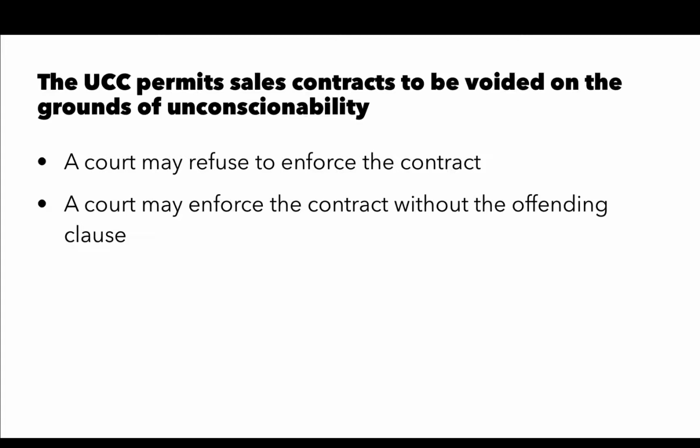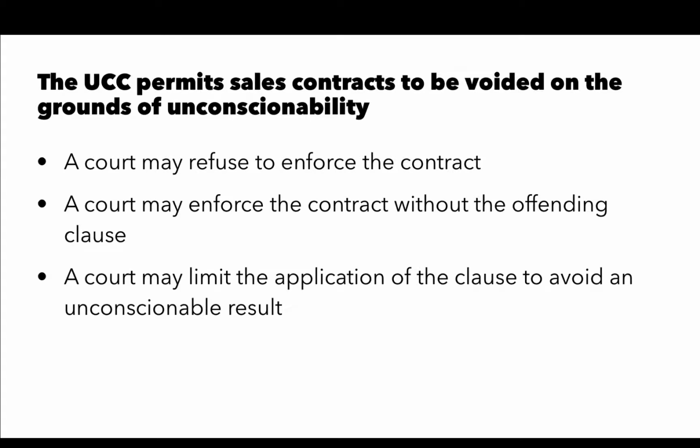A court may also enforce the contract without the offending clause. If there is a late payment that is for a $200 rent and the late payment is $2,000 for payment after the first of the month, a court may enforce the contract, meaning you are still obligated to pay your rent, but you're not obligated to pay this unconscionable late fee.